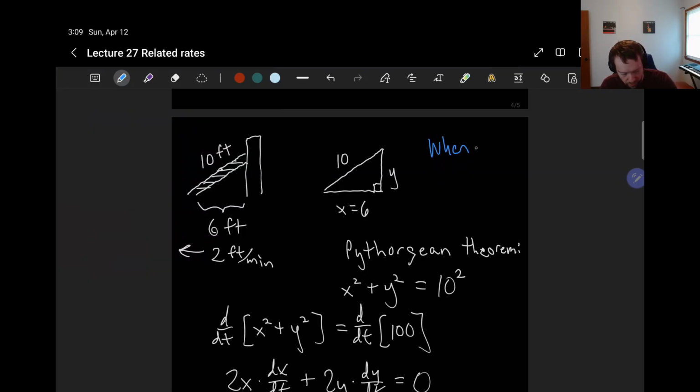Let's say when x is 6 at this particular moment, that means that 6 squared plus y squared equals 100. That's 10 squared. So y squared is 100 minus 36. 36 is 6 squared. So that is 64.